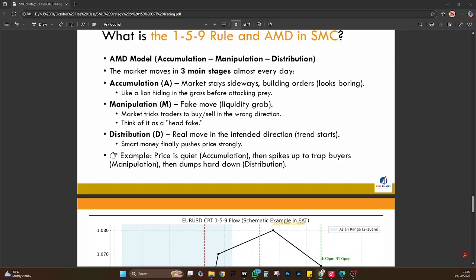And what is manipulation? Manipulation is a fake move. Sometimes you hear people say that I did my analysis well, I did execute a trade, but the market took out my stop loss and then it continued with the move. That is what we call manipulation, and I'm going to show you in real time what usually happens in the market.